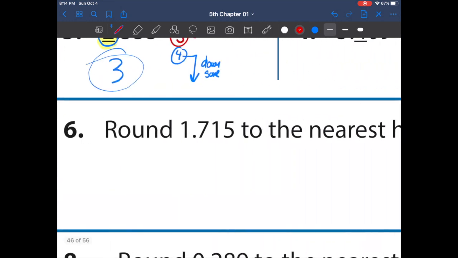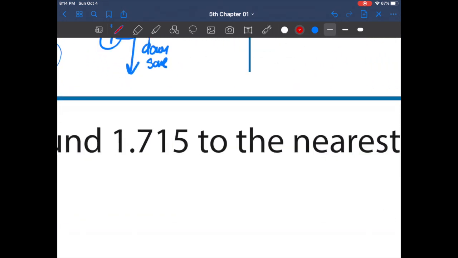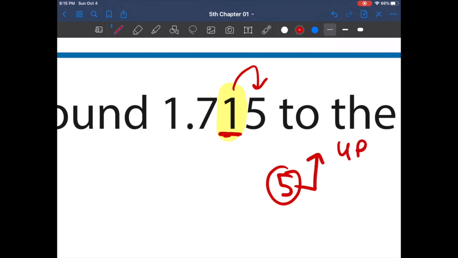All right, let's try another one. Round 1.75 to the nearest 100th. All right, so which one is in the 100th place? Well, it would be this one right here. So what were the rules again? Let me highlight it really quick. So we want to round to the nearest 100th. And the rule is we need to look to the number to the right. It says if it was 5 and bigger, we round what?